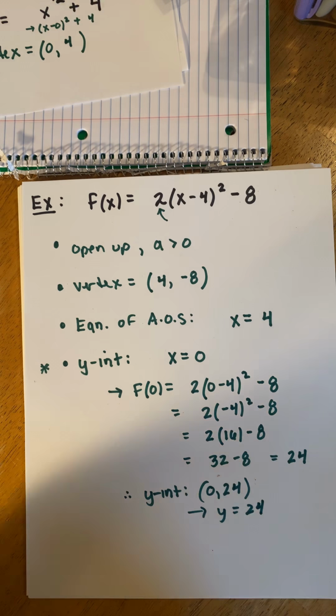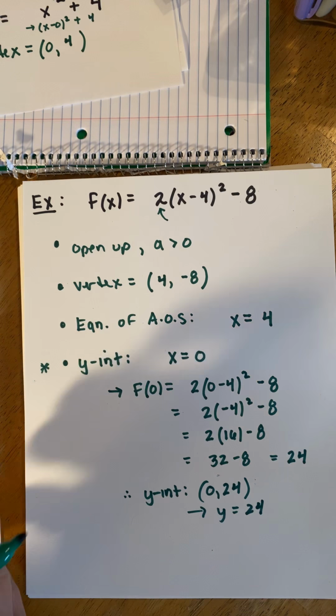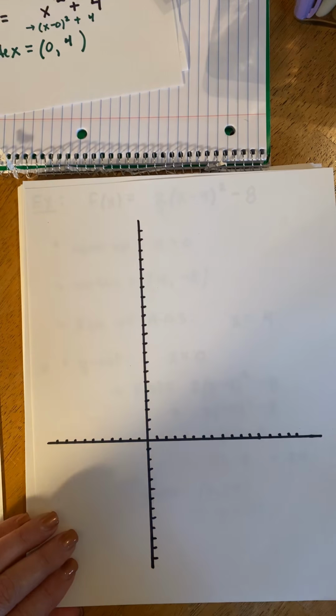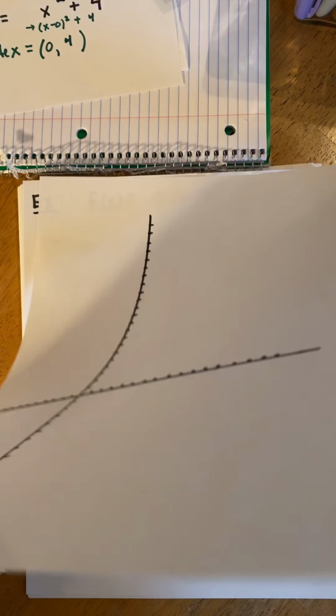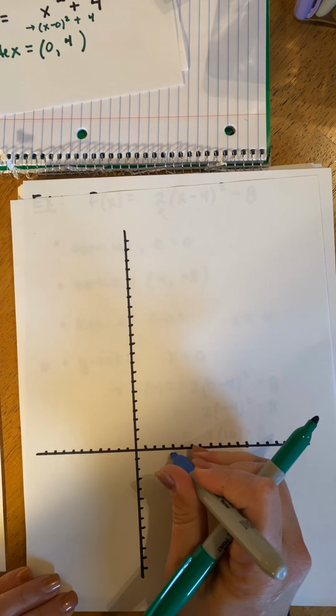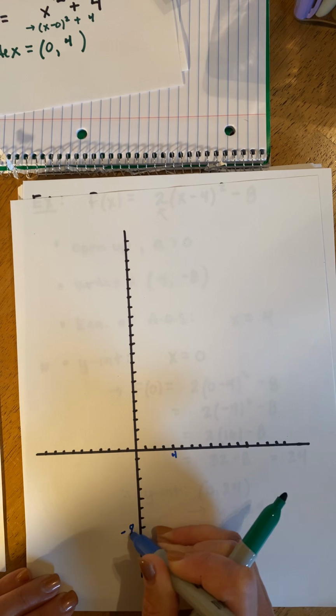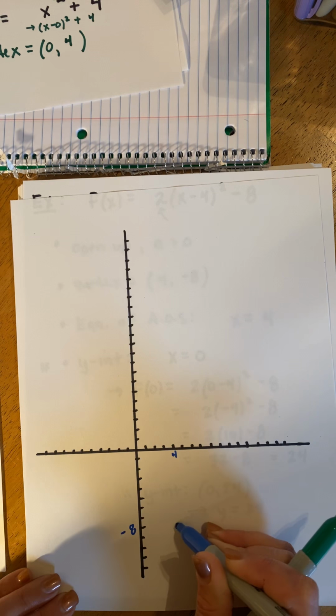So let's work on this a little bit. Let's plot what we have. I know my vertex is at (4, -8), so 4 right here, and 1, 2, 3, 4, 5, 6, 7, 8, -8. So here are the coordinates of my vertex.